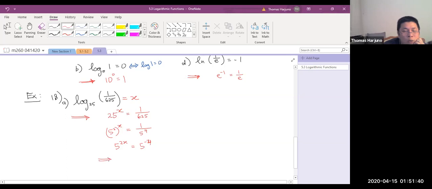So by one-to-oneness of the exponential form, 2x equals negative 4, x equals negative 2. Now I go back: log base 25 of 1 over 625 is negative 2.